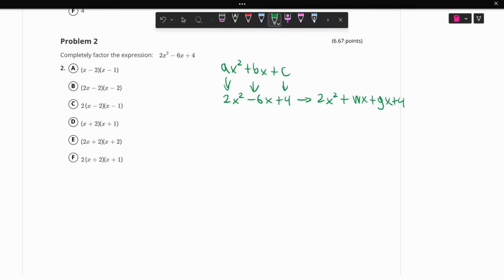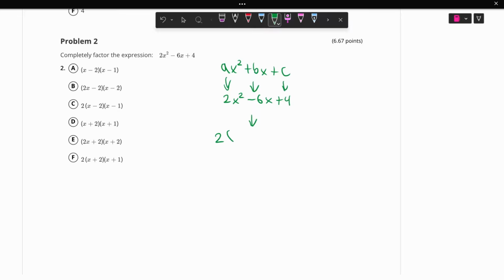And you'd want w and g to multiply to 4 and add up to negative 6. But you'll see that there aren't really any values that can do that for you. And so we're going to have to take the other approach of isolating 2 here. And so you'd end up with something that looks like this.